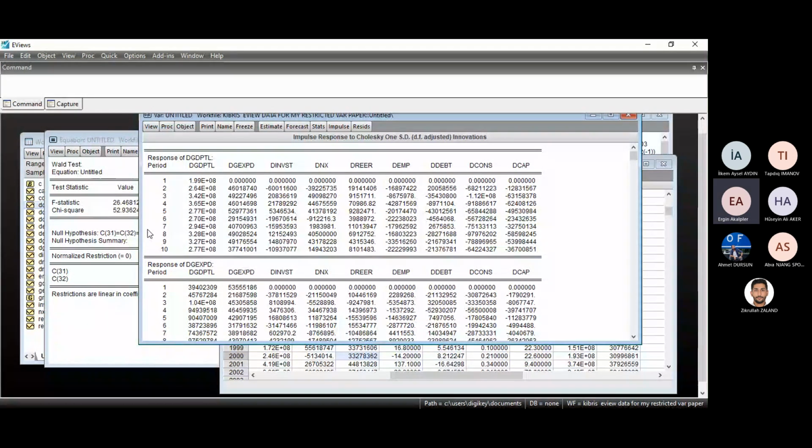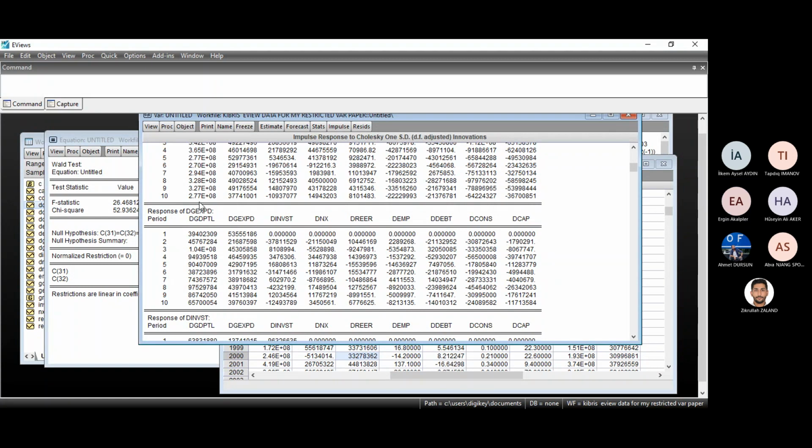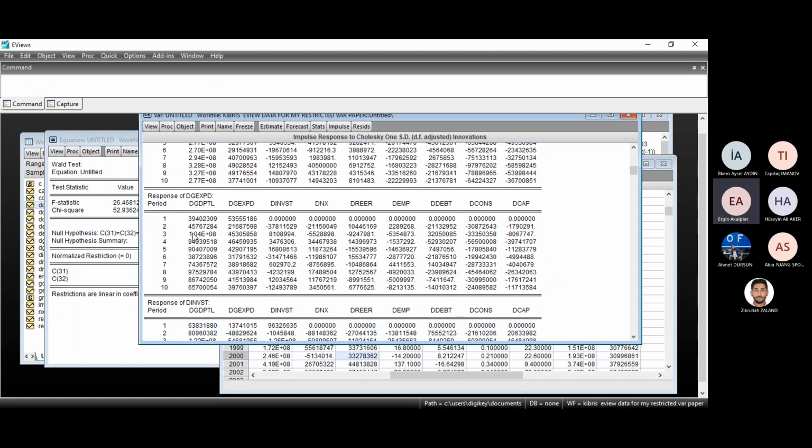And when we come to the governmental expenditure, the GDP is positive, investment some positive, a little bit negative, NX some negative and positive. Real effective exchange rate is, again, as you see, negative and some positive. Employment, again, negative. Public debt negative.